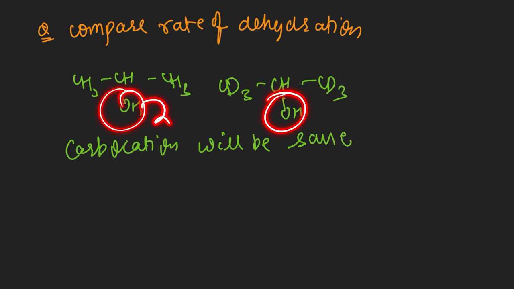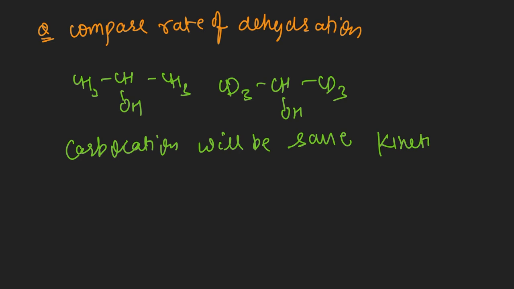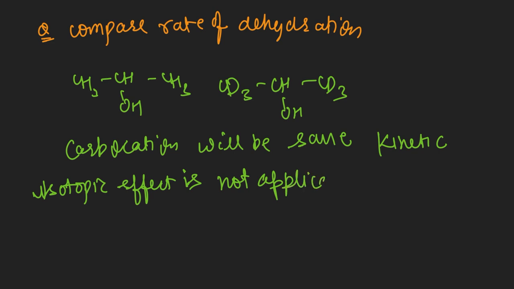So the carbocation will be the same, and hence the kinetic isotopic effect will not be applicable over here. Kinetic isotopic effect is when we interchange an atom with another isotope and then check the rate of the reaction. So in this case the rate of the reaction will remain the same.